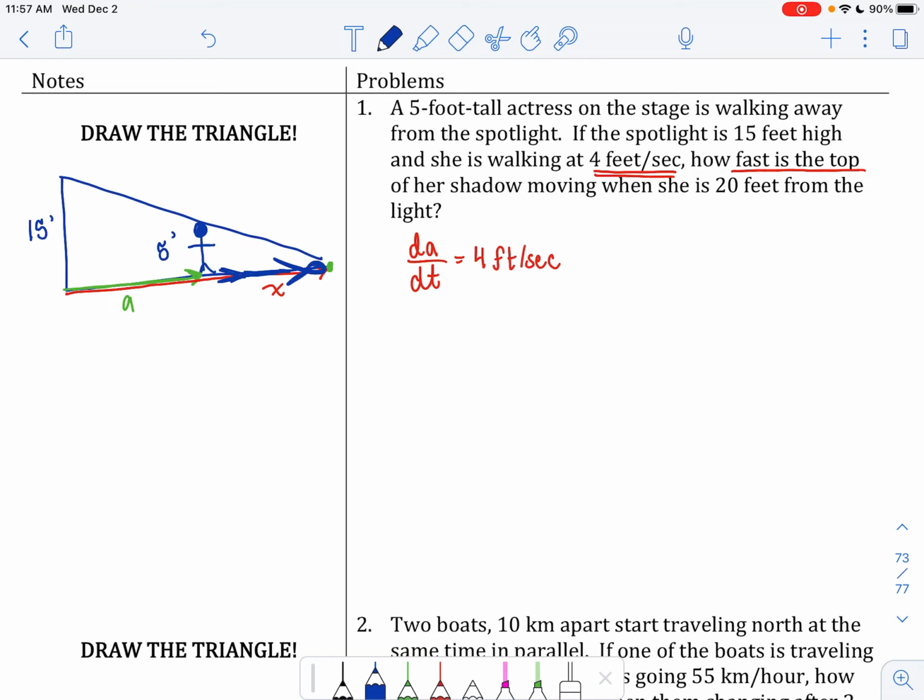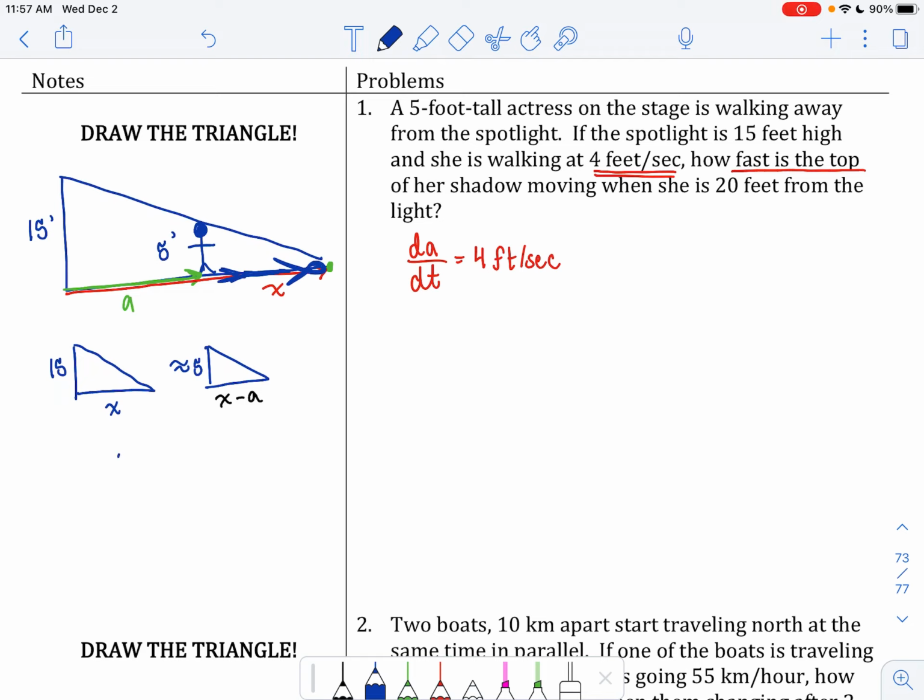Now, if you remember from previous lessons, these are similar triangles. So the relation of A and X, so that we can create an equation, we have 15, and then this length all the way there is X. This is similar to the shorter one, which would be 5 feet for the actress, and then her shadow, which is X minus A. They are similar, which means that we can set up a fraction with them.